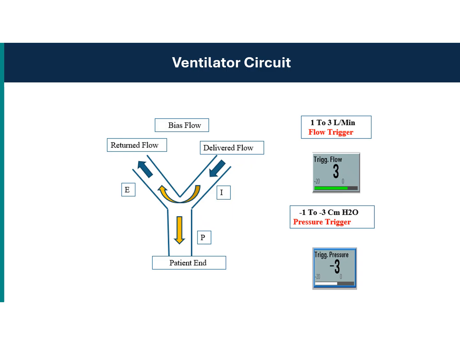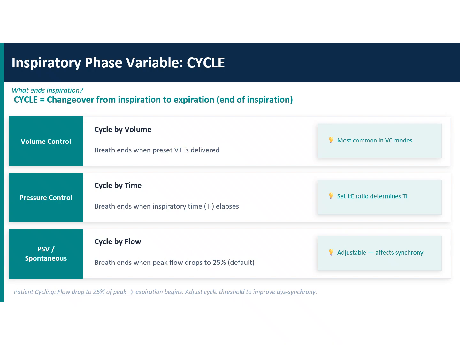The patient tries to take a breath and creates a negative pressure, a flow here, that can lead to a decrease in flow or pressure reached in the expiratory flow sensor, which the ventilator senses, and it starts giving a breath for that patient. So this is how assist control ventilation actually works.